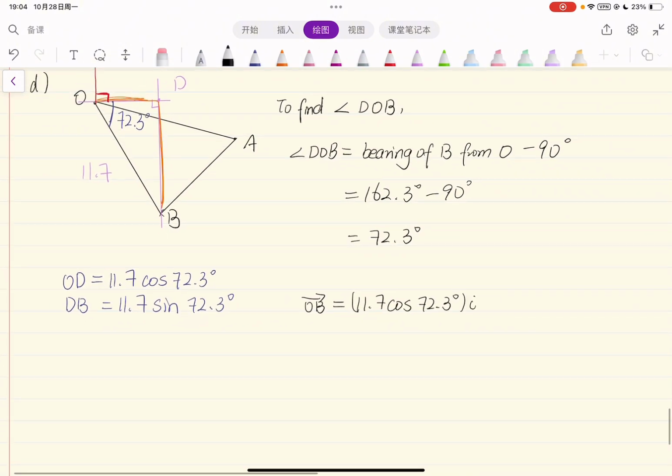But be aware that since it is vector OB, we need to go downwards. So that should be negative 11.7 sine 72.3 degrees j.